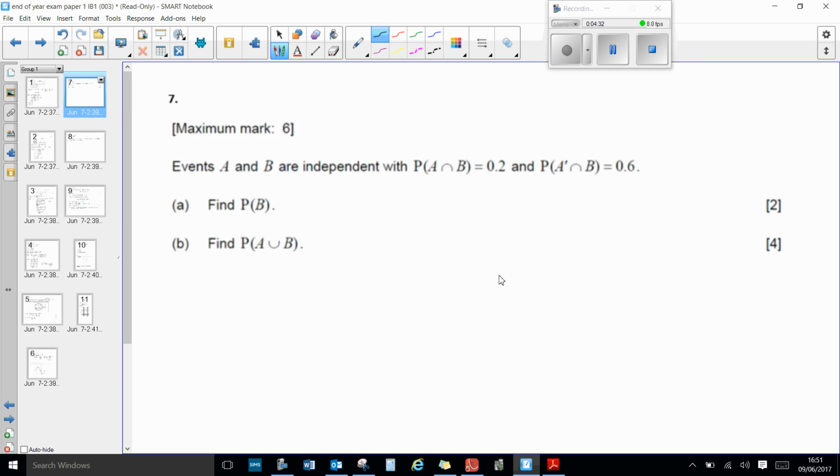Number 7. Events A and B are independent. So P(A intersection B) is 0.2. P(A complement intersect B) is 0.6. Find P(B). Okay, so if they are independent, we know the intersection and we want to find P(B). I might sketch myself a Venn diagram actually.